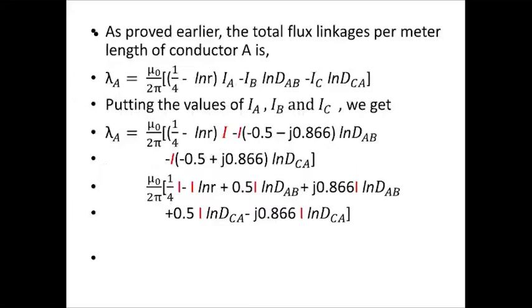As proved earlier, the total flux linkage per meter length of conductor A is lambda A equal to mu0 by 2 pi into 1 by 4 log R into IA minus IB log DAB minus IC log DCA.